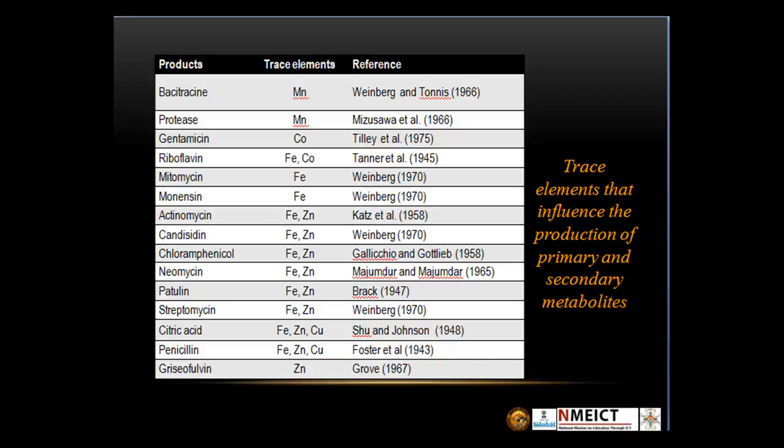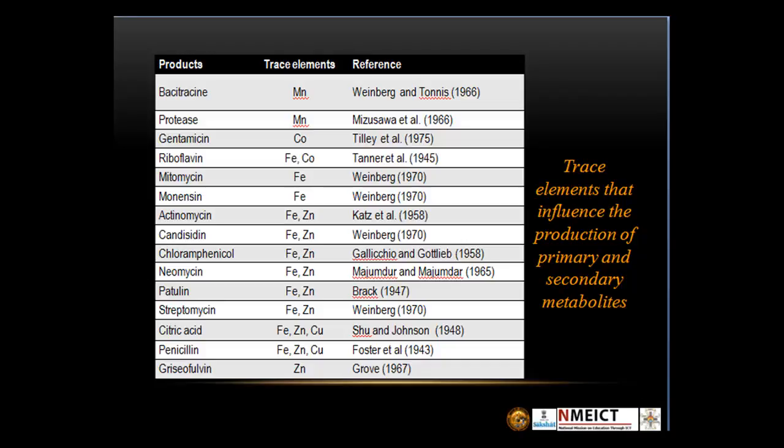Iron and cobalt are required for the production of riboflavin. Iron is also required for monensin. Iron and zinc are required for the production of actinomycetes, candicidin, chloramphenicol, neomycin, puromycin, and streptomycin. Iron, zinc, and copper are also required for production of citric acid and penicillin, and zinc is required for griseofulvin.